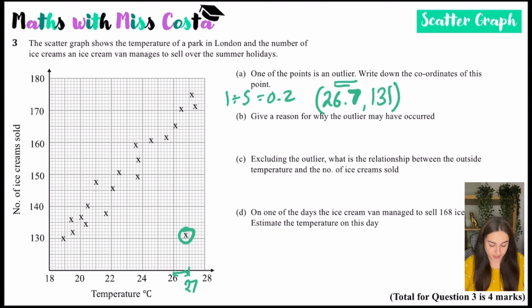Okay, so the general trend is that as the temperature rises, the number of ice creams sold rises too. So generally, the hotter it is, the more people go out and the more that they want ice cream to help cool them down. So why might, on a day of 26.7 degrees, which is quite hot, the van have only sold 131 ice creams?